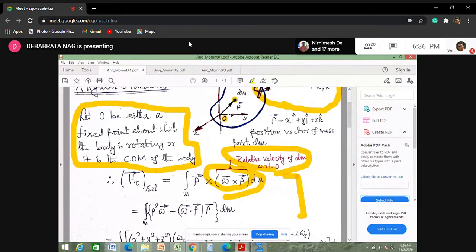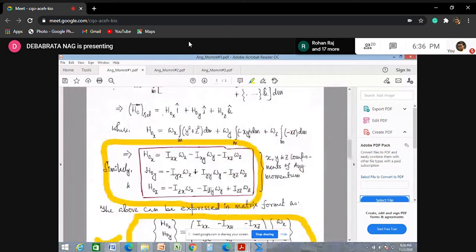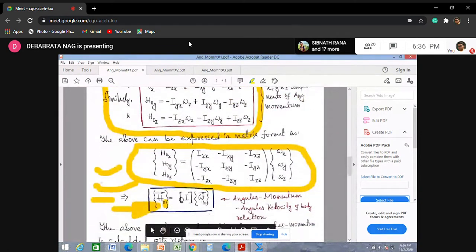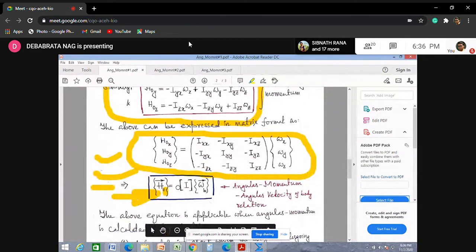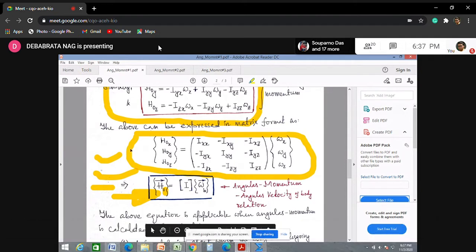Now between these 2 points, if the relative velocity can be expressed in this form, only then can I apply this particular equation. And the third point is that I can apply it with respect to a center of mass, with respect to a point about which the body is rotating, or about such a point about which I can express the relative velocity in that particular form.